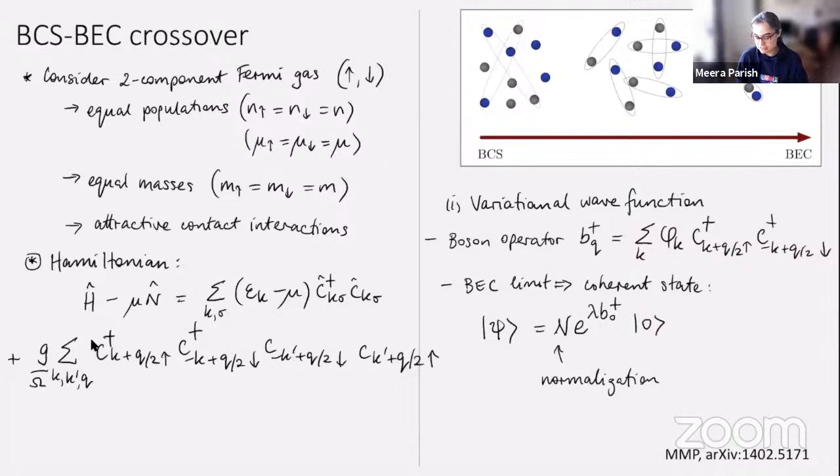You can also talk about phase coherence, a well-defined phase, etc. But from my point of view, it's just a more convenient way of treating the problem, rather than having a sort of awkward product state. Because now I can put in my boson operator in this form here.